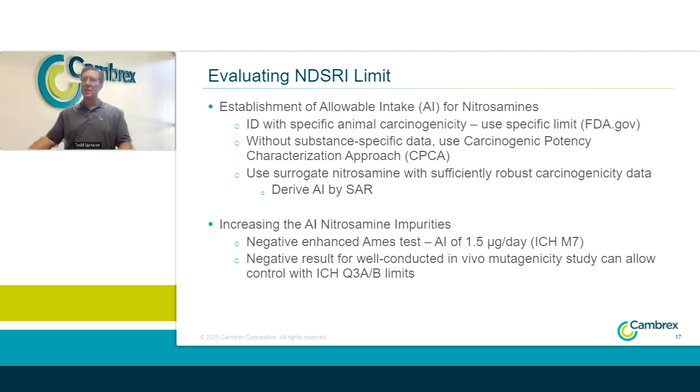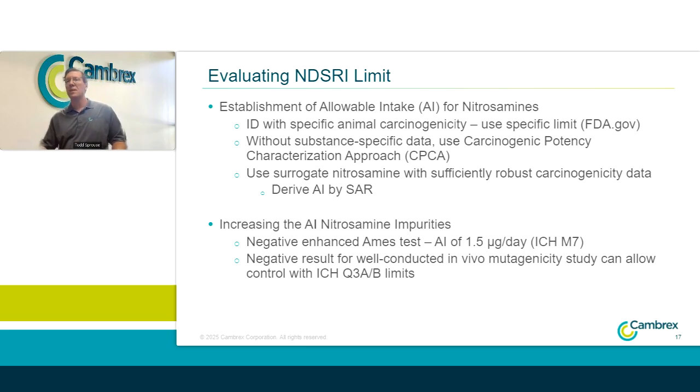And if possible, you could evaluate a surrogate nitrosamine with sufficiently robust carcinogenicity data that's similar to what you have. Again, as we saw, the sartan drugs had a lot of similarities, and they all had the same nitrosamine issues.